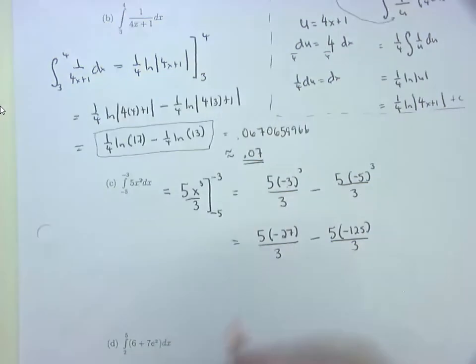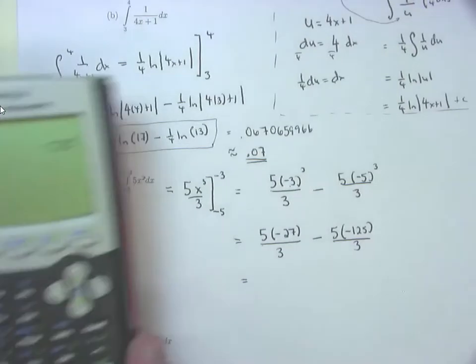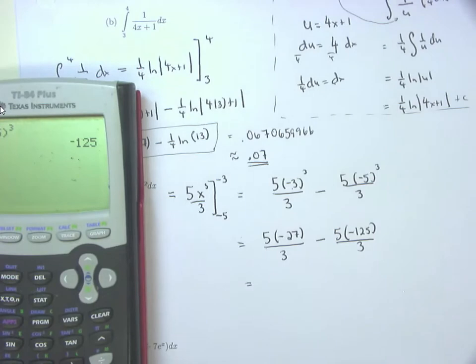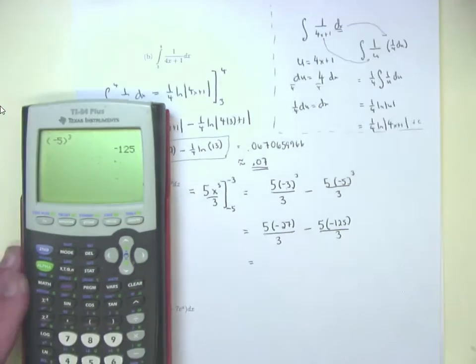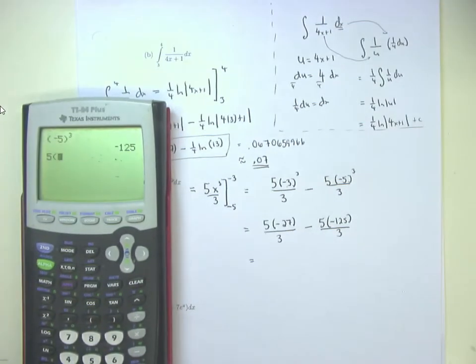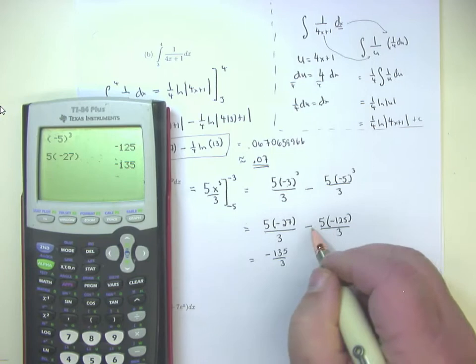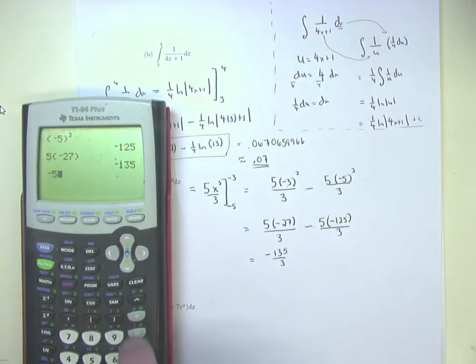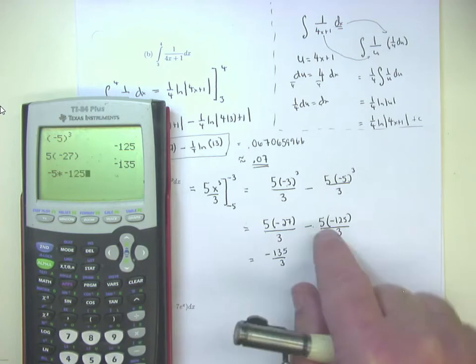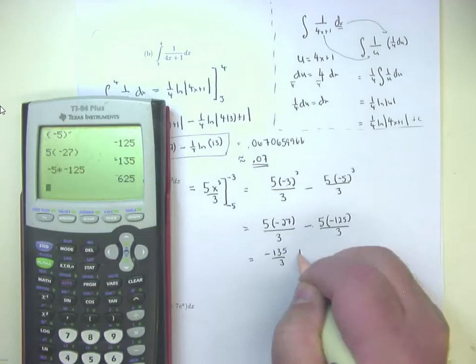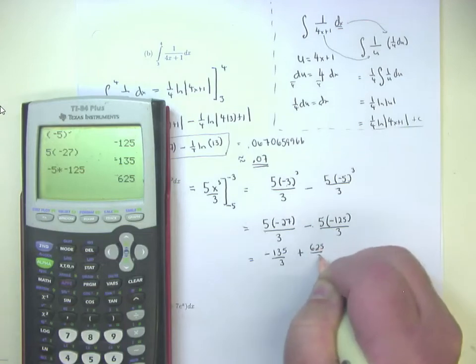Now clean up your numbers. 5 times -27 is -135 over 3. -5 times -125 is a positive 625. That becomes a plus 625 over 3.